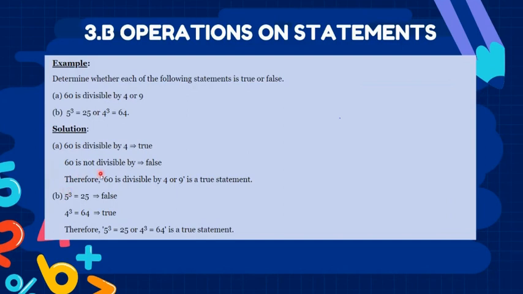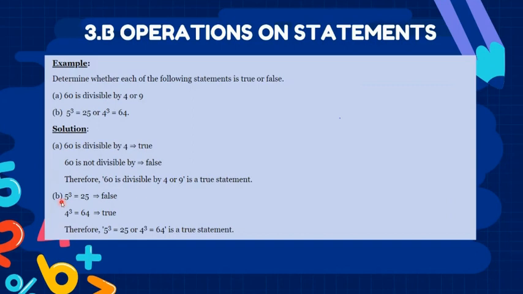But overall, this statement is true. Like the previous questions, when the word is "and", both of the statements have to be true in order for the overall statement to be true. But for "or", we only need one of them to be true in order to make it a true statement. The only condition for the overall statement to be false is when both of the statements are false.